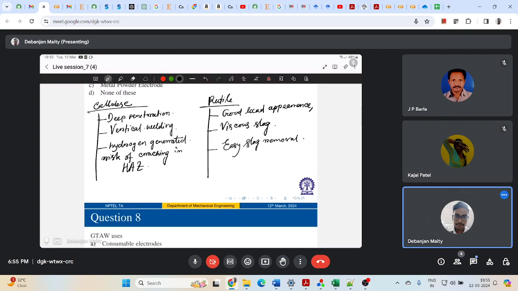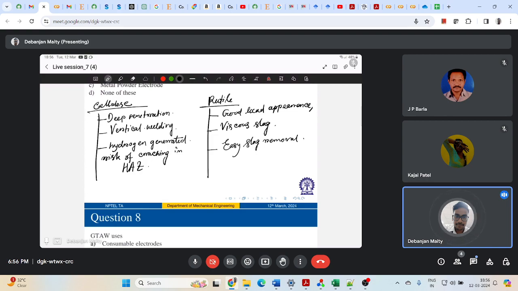Then let us talk about the basic electrode. Basic electrodes are used for high quality applications, welding of some steel materials, where your electrode should be stored in portable dryers, right?